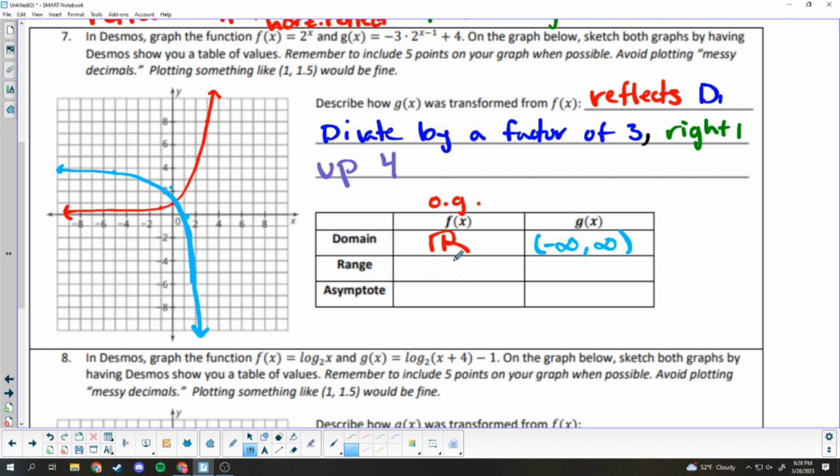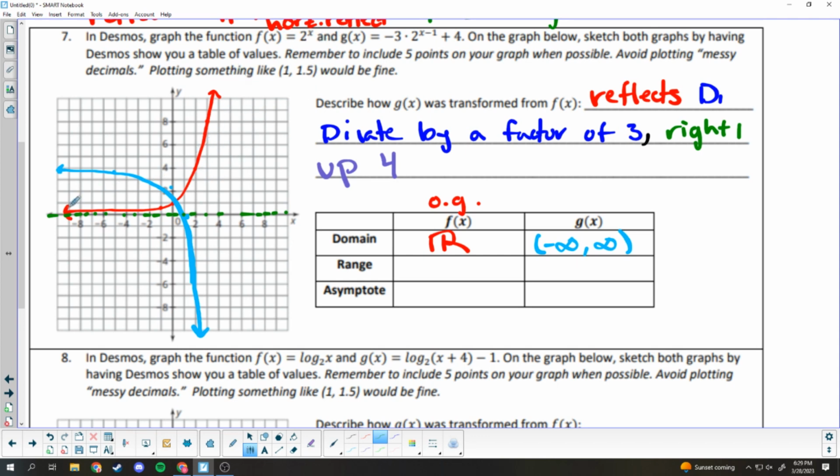Okay, for the range, we do get stopped. We have some restrictions. In our original function, there's a place that I can't go below, right? There's a lowest point, this asymptote on the x-axis at y equals 0. These exponential functions can never have an output of something less than 0, right, 2 to the power x, because there's nothing I can raise 2 to the power of to get it to be 0.